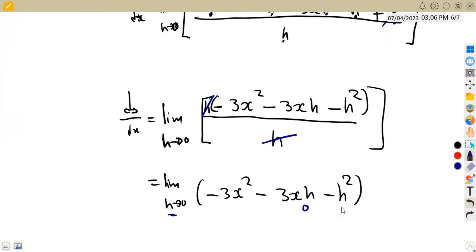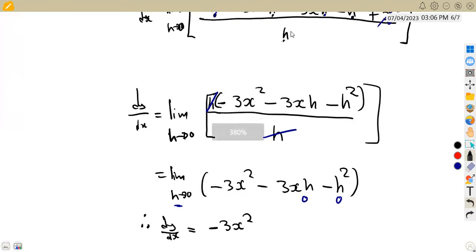There is a 0 here, there is a 0 here. Therefore, our derivative of y with respect to x is going to give us negative 3x squared. That is what you're going to have at the end, which we can also prove from your general rule, where you also obtain minus 3x squared.